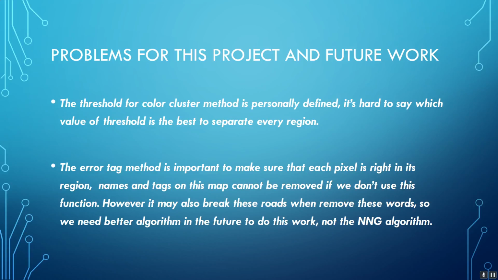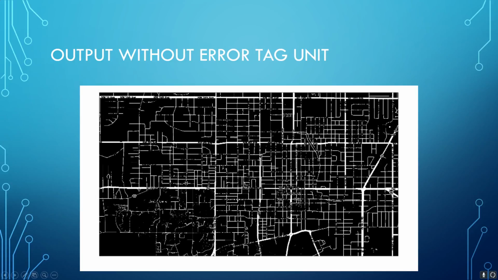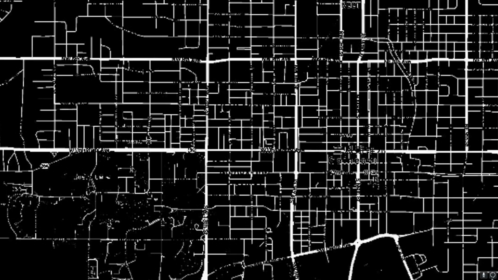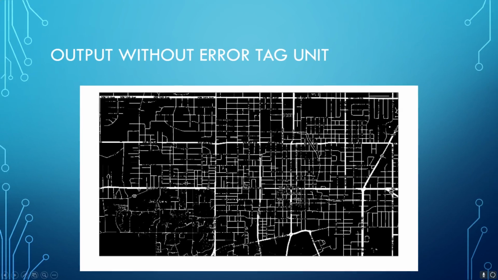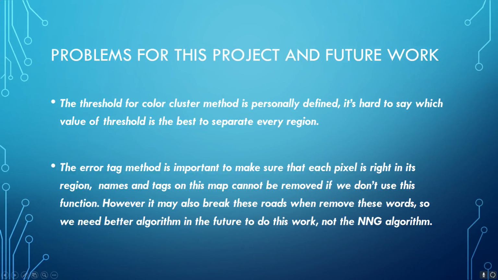Like this one. This is the output if we do not use the error tag method. You can see the names here, they are not removed, they are all clearly here. However, the problem is it may also break these roads when we remove these words with the error tag method and denoising method. So I need some better algorithm in my future work, but not the nearest neighborhood grouping algorithm.